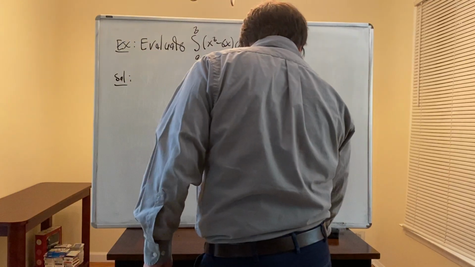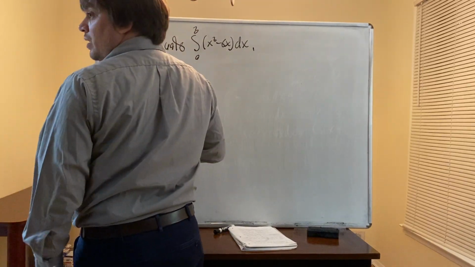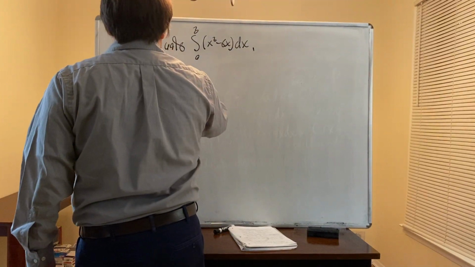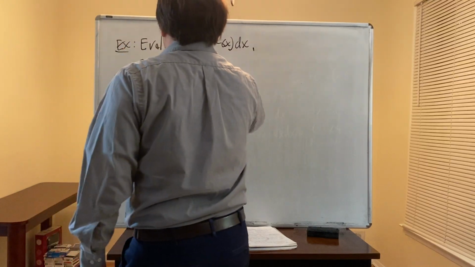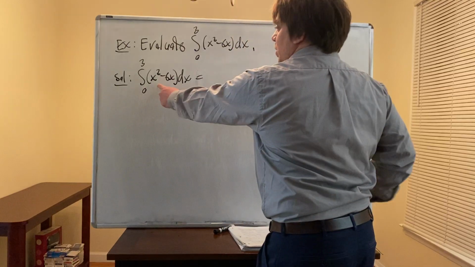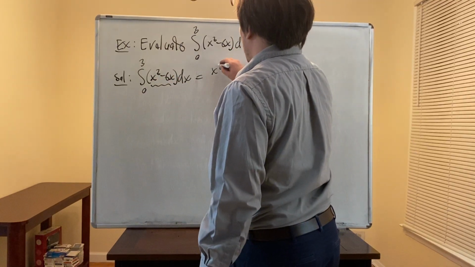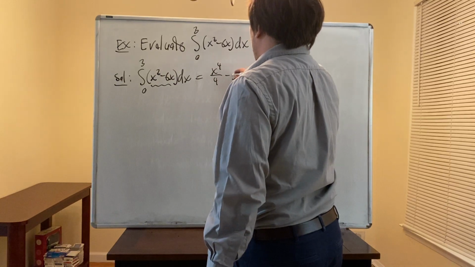So solution, definite integral from 0 to 3 of x cubed minus 6x dx is equal to, well, let's just use the evaluation theorem. So let's find an antiderivative of x cubed minus 6x, that's x to the fourth over 4 minus 3x squared.